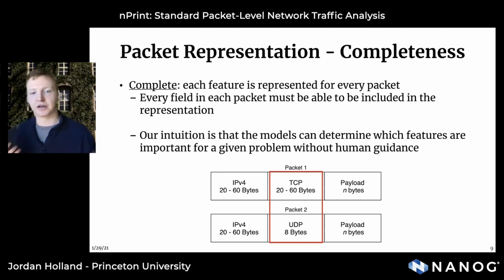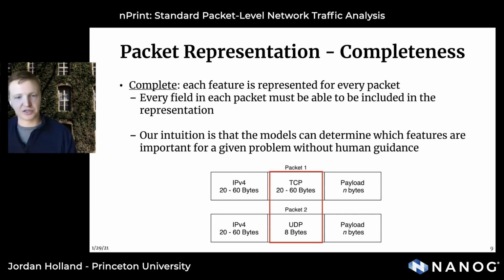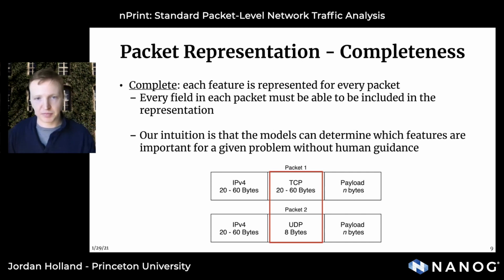So below we see we have two packets, right? We have a TCP packet and a UDP packet. And the hard part is, right, when we have two images, they're just a bunch of pixels. Unfortunately, here we have two packets that actually contain different information entirely. One of them has a UDP header and one of them has a TCP header. So we want to be able to represent both of these packets that contain different information with one standard representation.